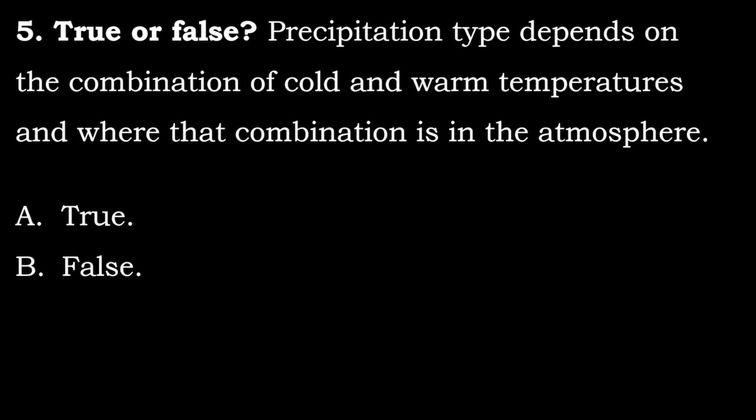A, true, or B, false? The answer is A. This is a true story. Think about the profiles that we saw earlier. Where those cold and warm temperatures were determined what kind of precipitation we were going to get.